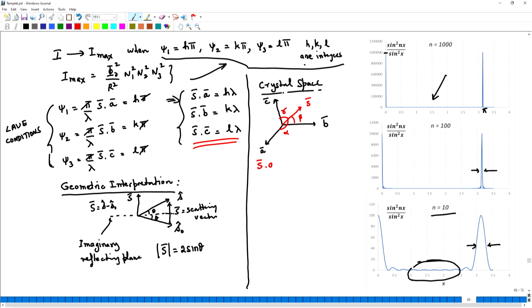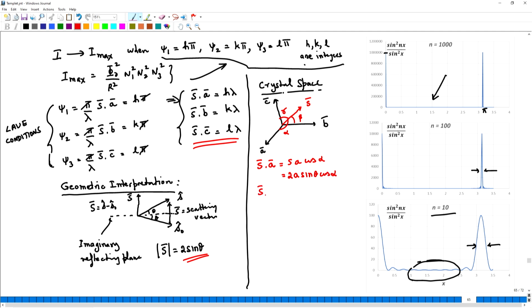S dot A can now be written as the magnitude of S multiplied by the magnitude of the unit cell vector A times cos alpha, and S we know is 2 sin theta. So, I can write it as 2A sin theta cos alpha.